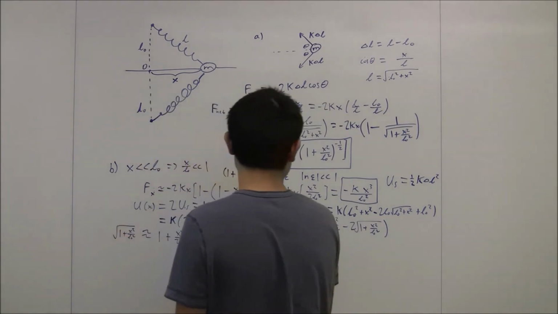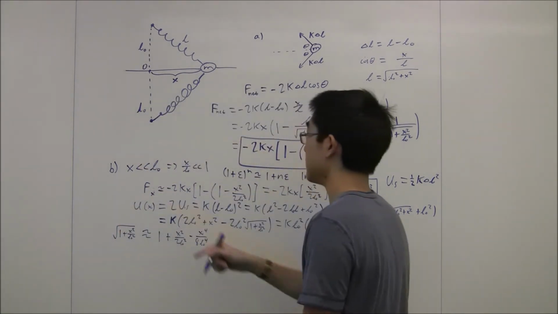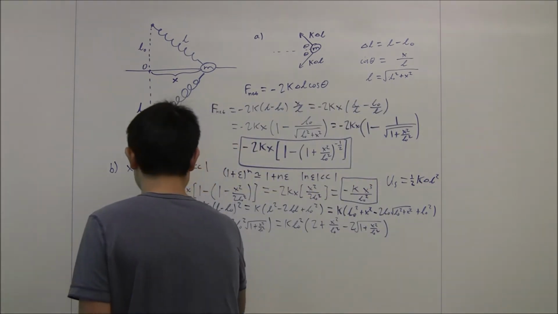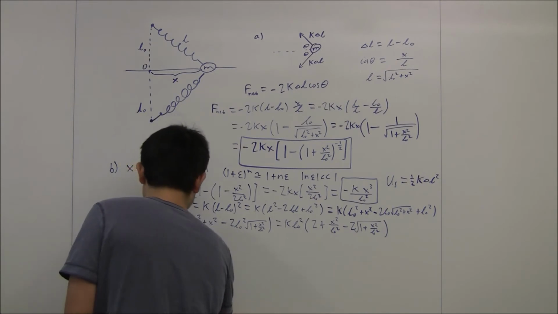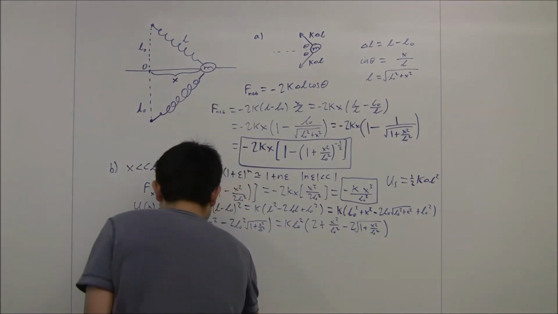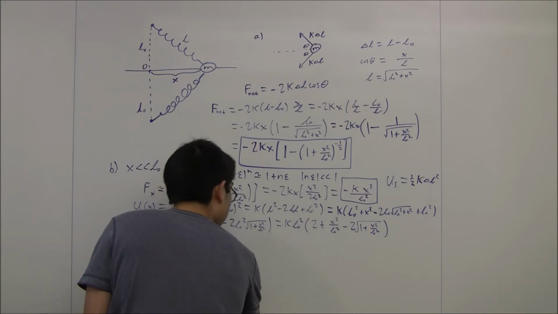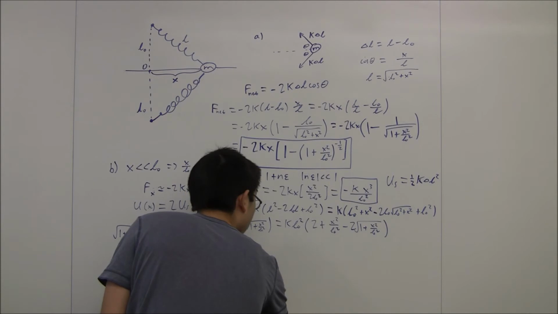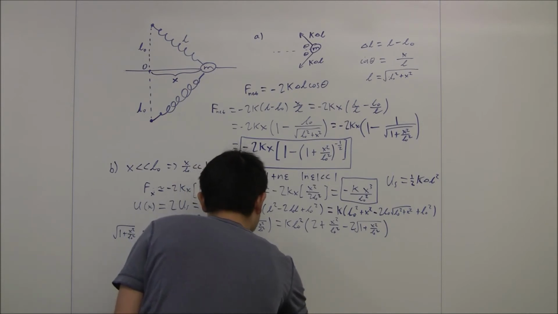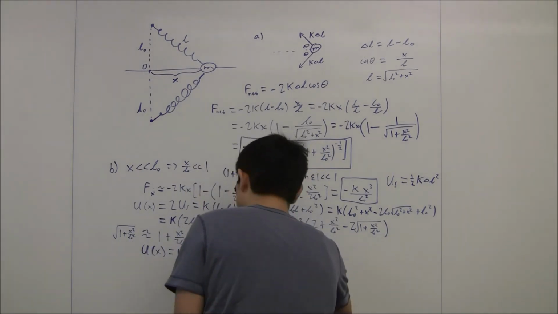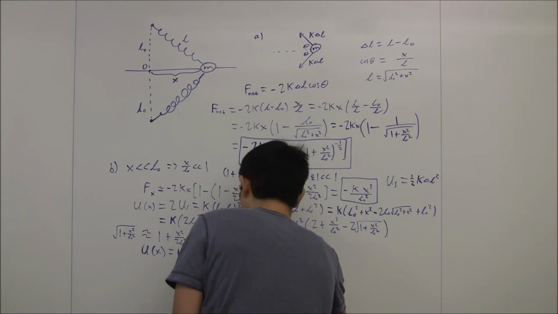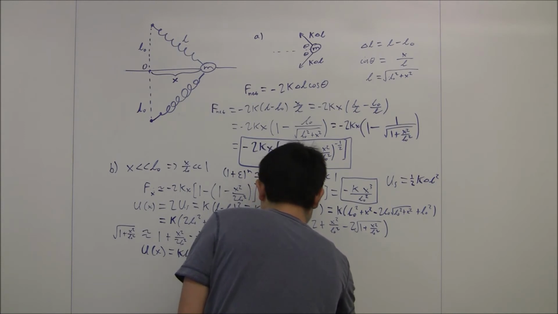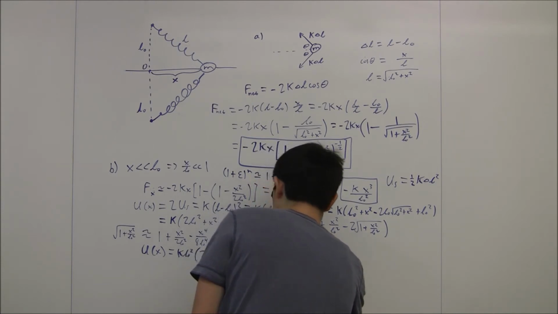So with this approximation, we're going to plug that into our formula for the potential energy, which means that U of x is going to be equal to k times L naught squared times 2 plus x squared over L naught squared minus 2 times, in brackets, 1 plus x squared over 2 L naught squared minus x to the 4 over 8 L naught to the 4.